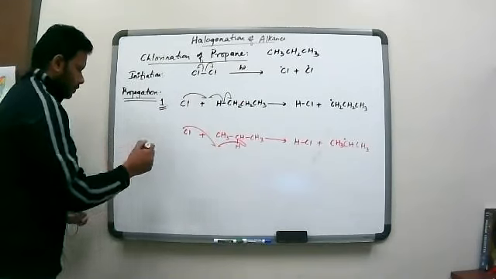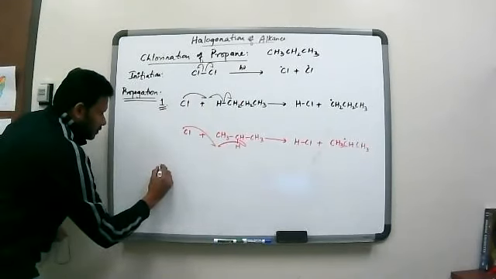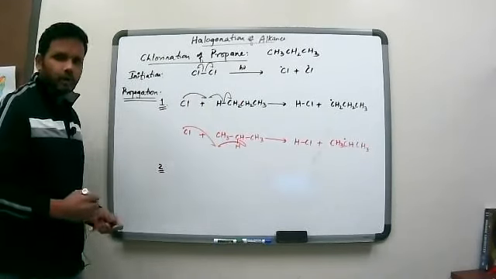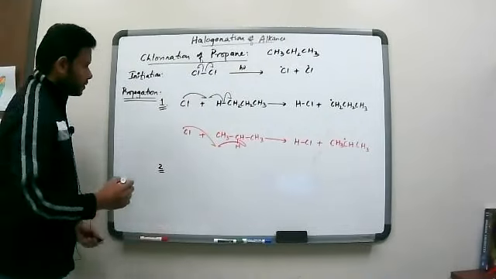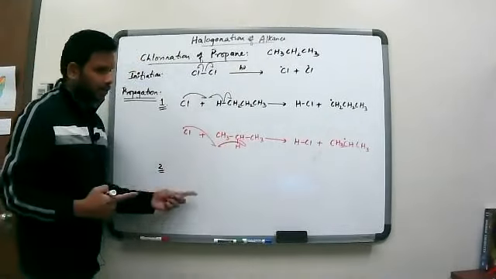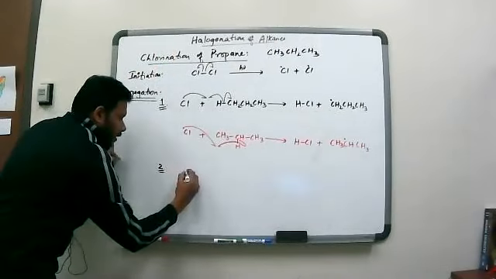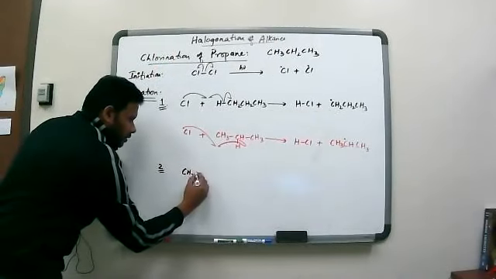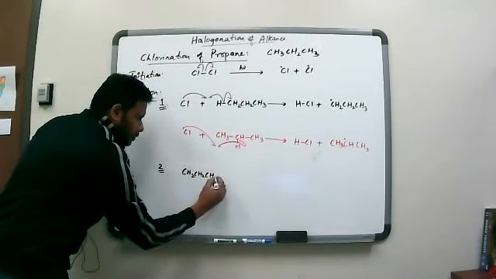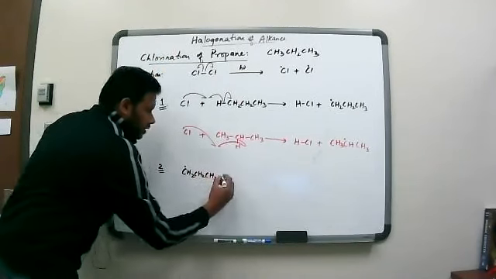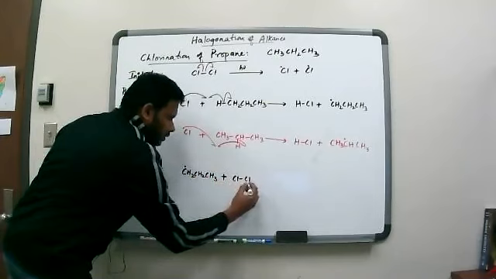Now after this, we have our second propagation step. In the second propagation step, if we start with the primary carbon radical, that primary carbon radical can now react with chlorine.